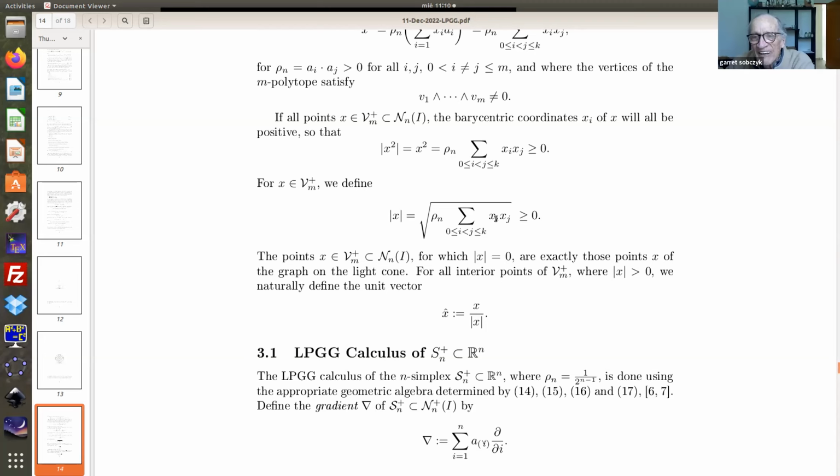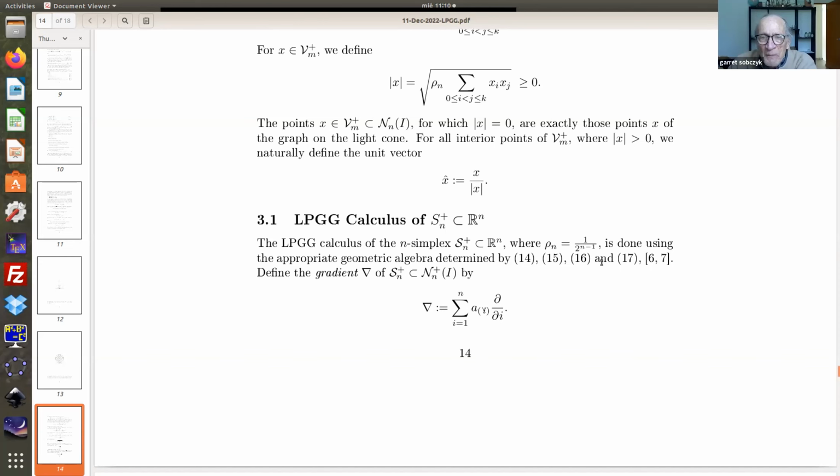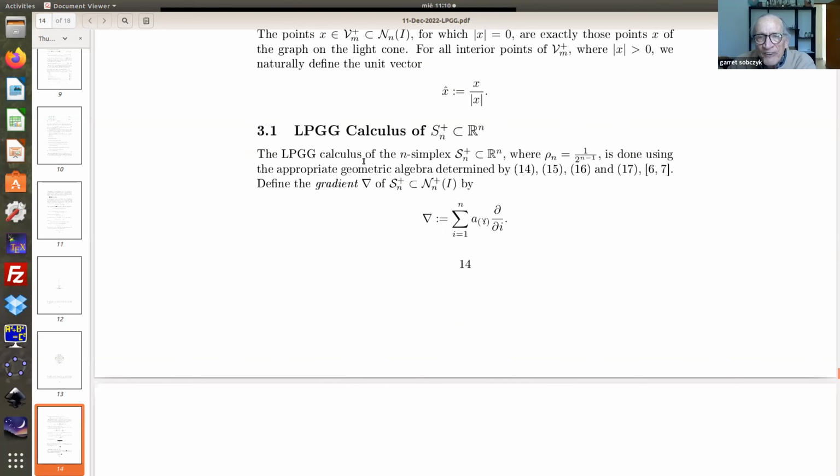The two faces, xi times xj, are larger than 0, and I can define a unit vector. So I'm trying to develop the idea of analysis, and now I can try to define the gradient in this LPGG calculus in a natural way. Rho n, again, is 1 over 2 to the n minus 1. I define the gradient by leaving out these faces, times the partial derivative with respect to i.